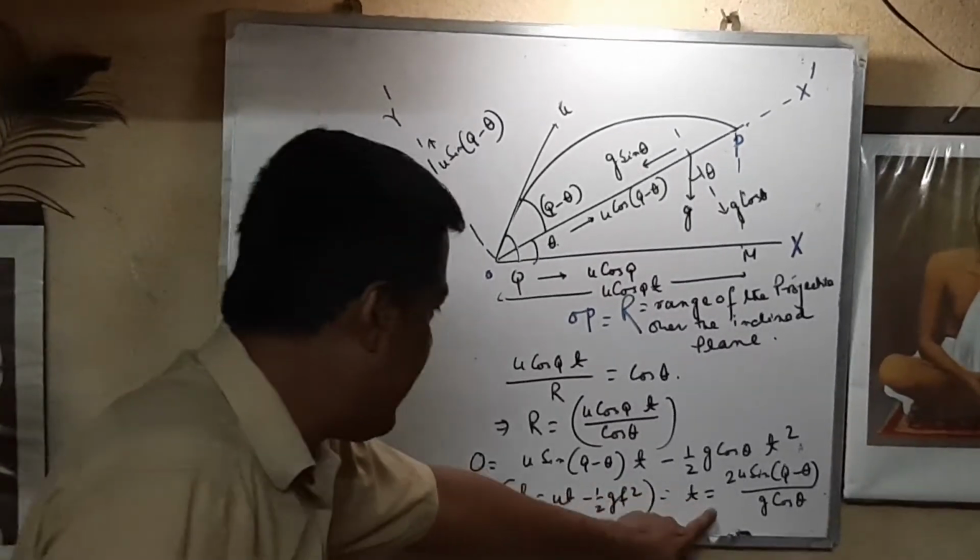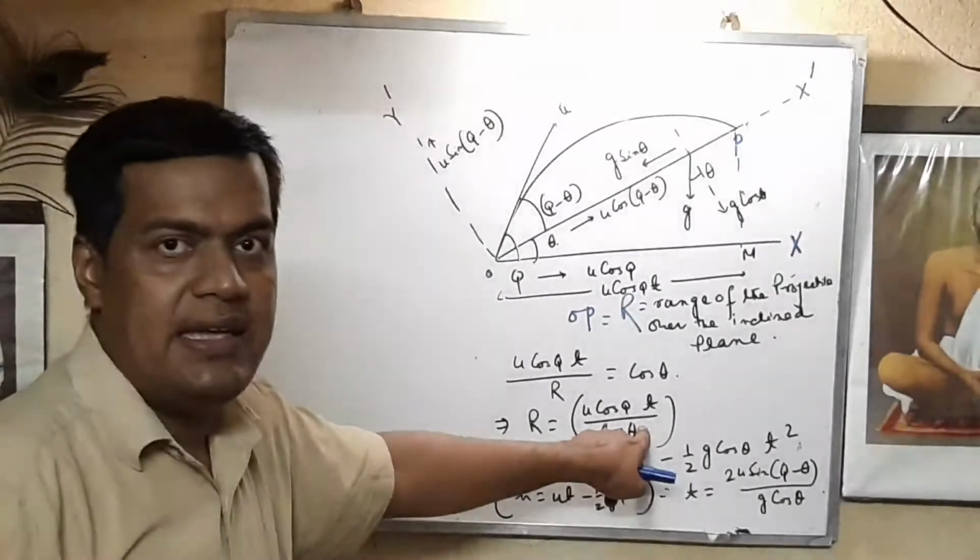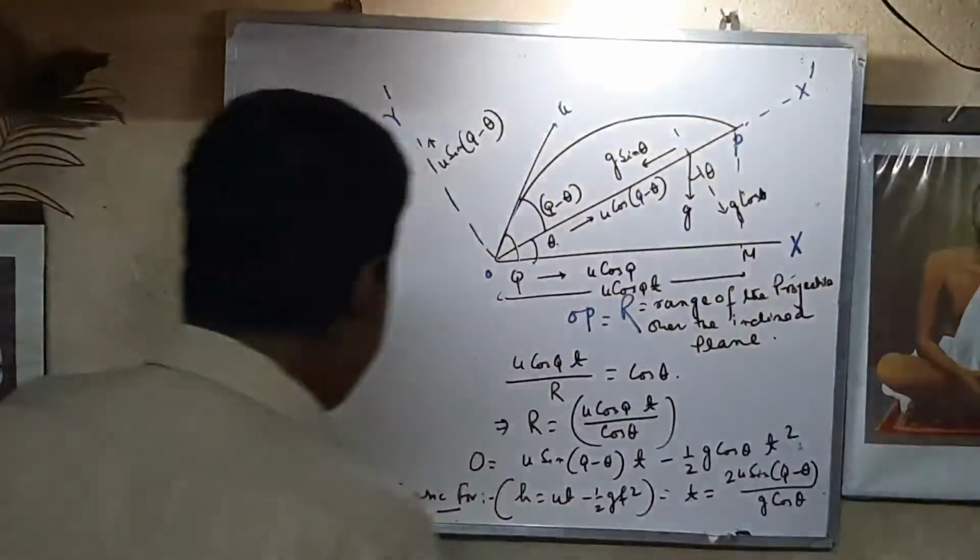So substituting that value of t, I get the range of the projected body over the inclined plane.